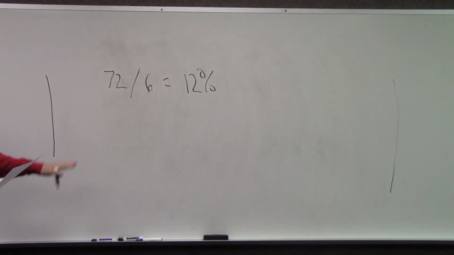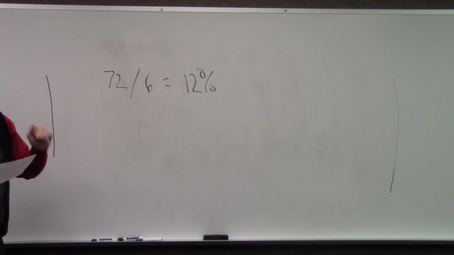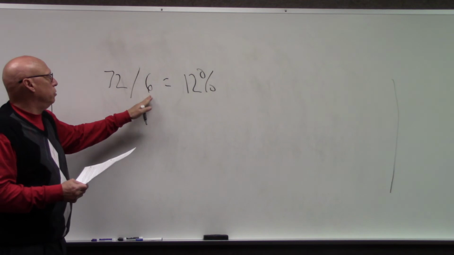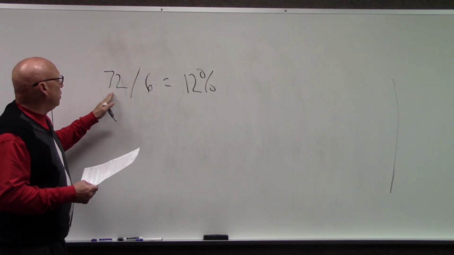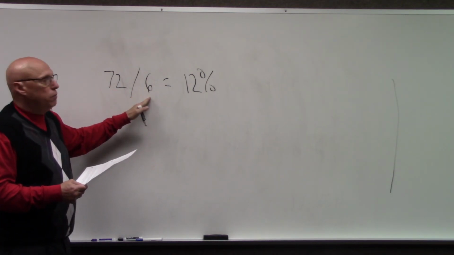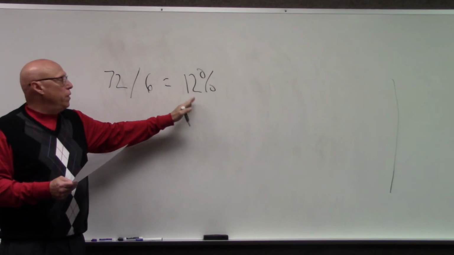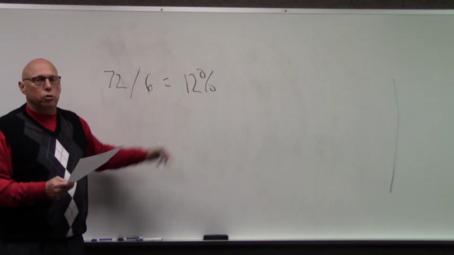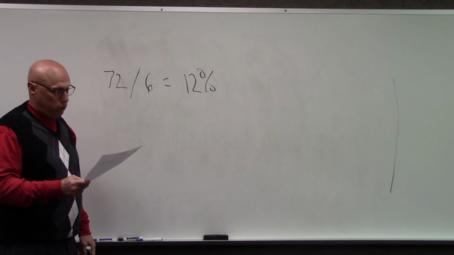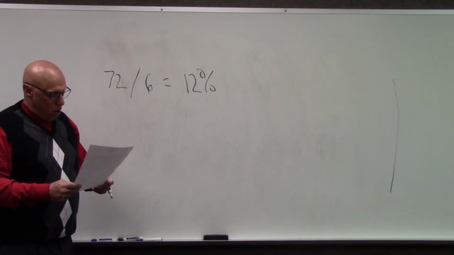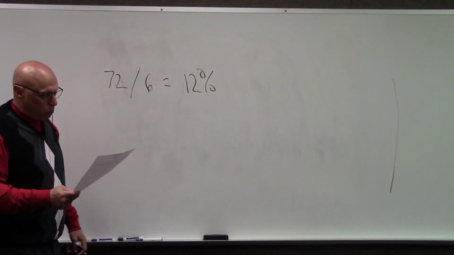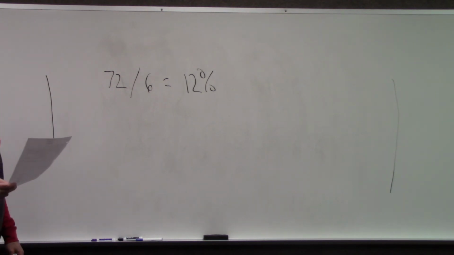If an investment doubles in value over a 6-year period, you divide 72 by the number of years, and you get a very close approximation to the annualized, compounded rate of return of 12%.